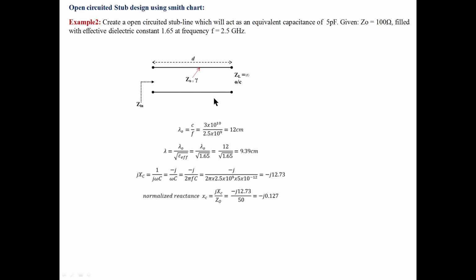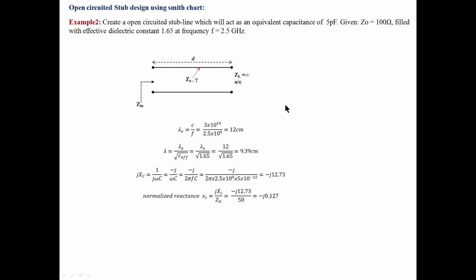Open stub means like this. You see here, it is open circuited, not connected at the end. These two conductors are not shorted here. So the open circuited stub can also be used to implement an inductor as well as a capacitor, again based on the length of this line.